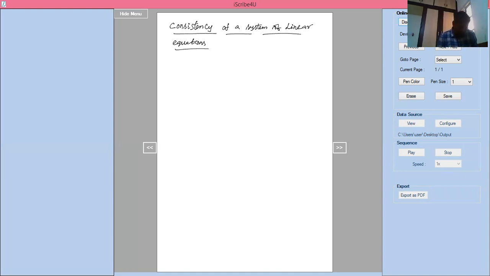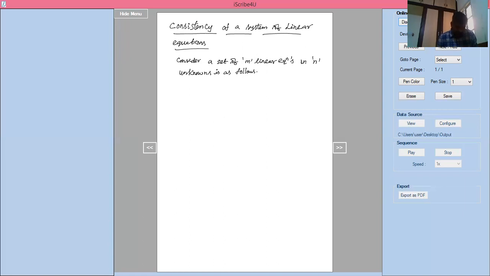Consider a set of m linear equations in n unknowns as follows.